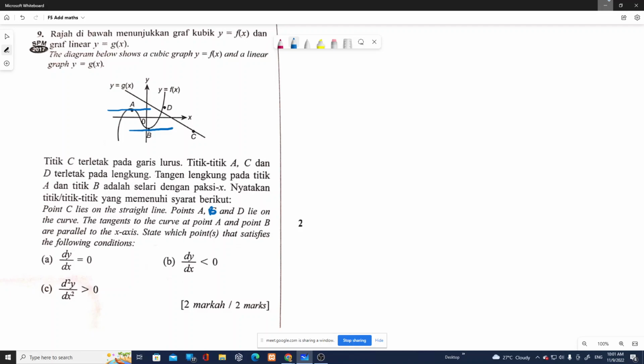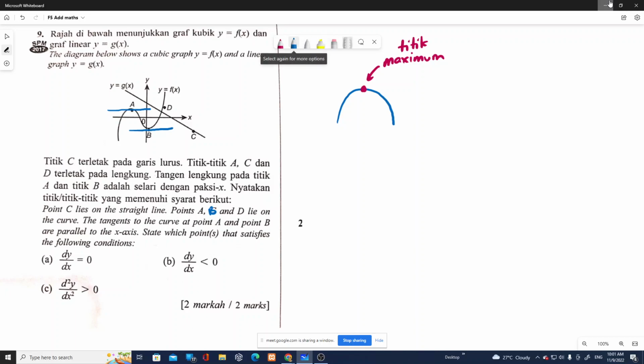If we have a curve, and then there's a maximum point, this is called the maximum point, or titik maximum. Okay, understand?